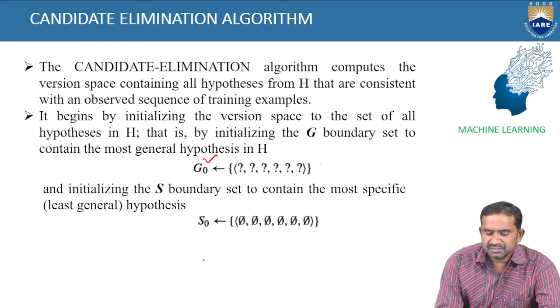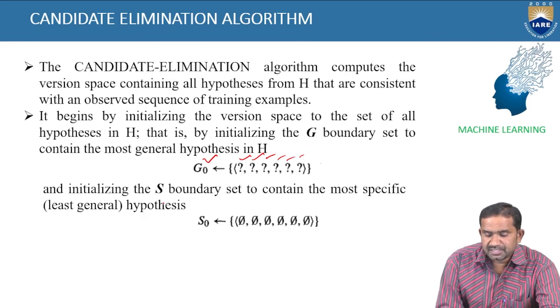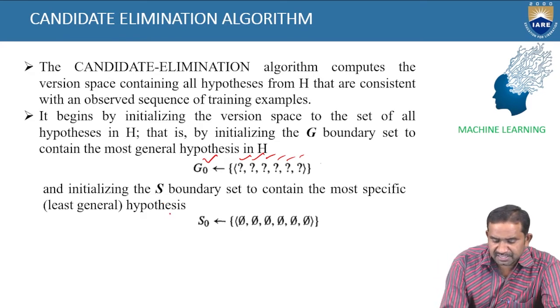Basically it is represented by these question marks. As well as the S boundary, the specific boundary, which contains the most specific hypothesis. It is defined by the null value, that is phi.